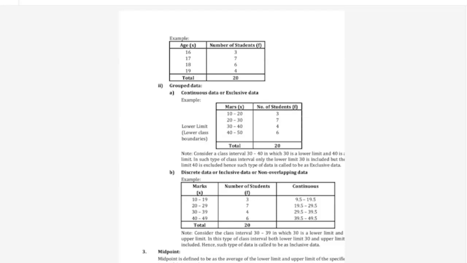Acha, before I proceed further, tell me: when I want to record the marks 16, in which class is it recorded? Everyone, answer me quickly.